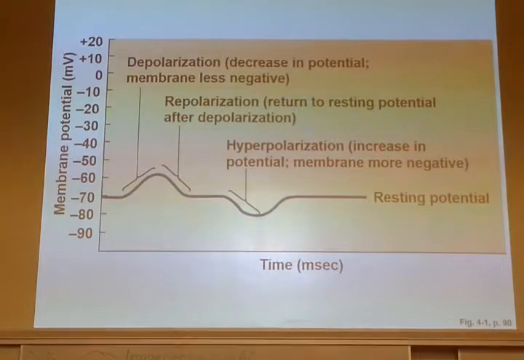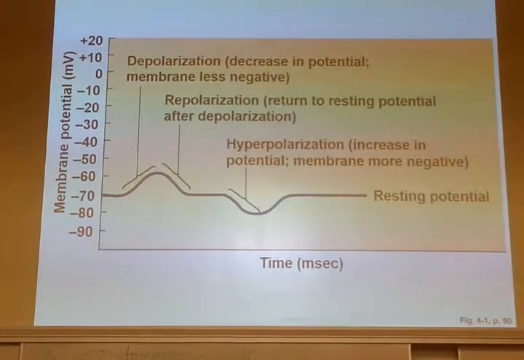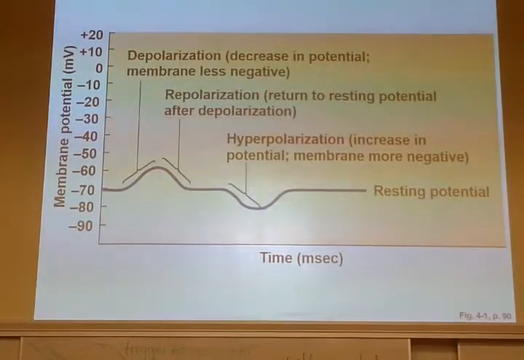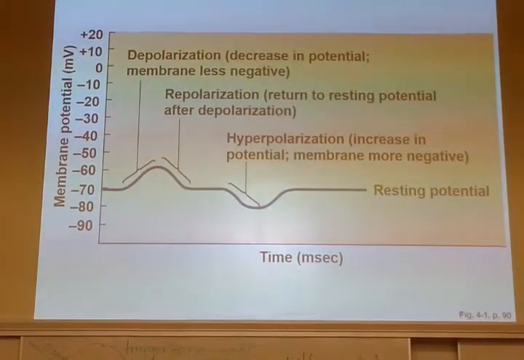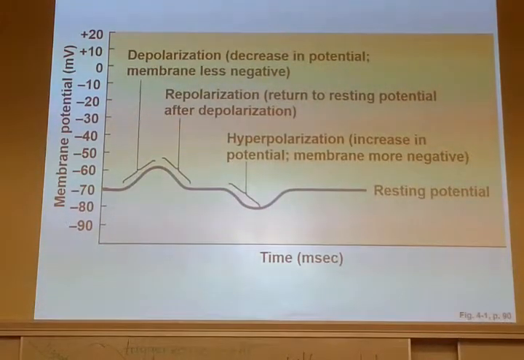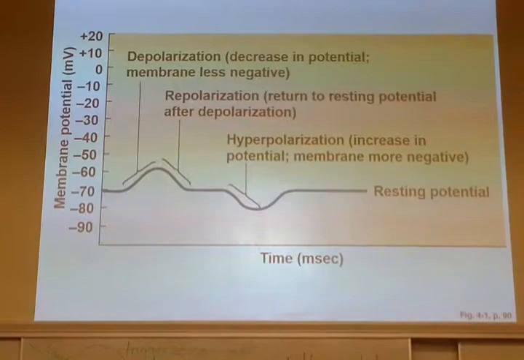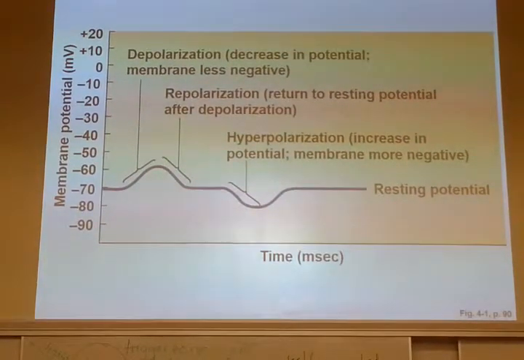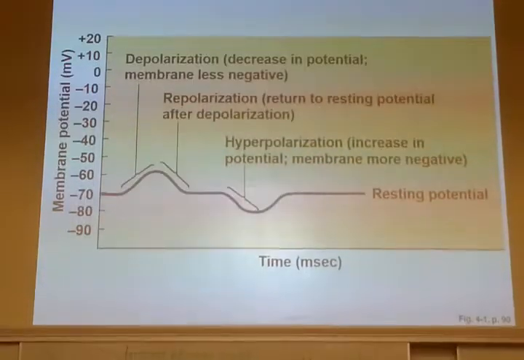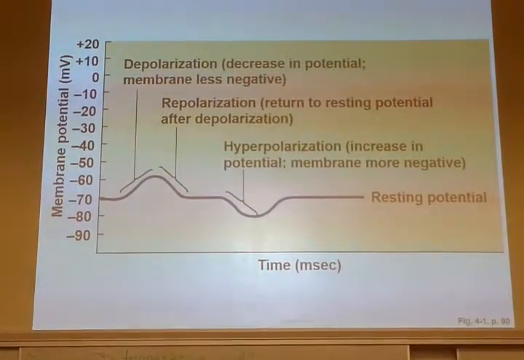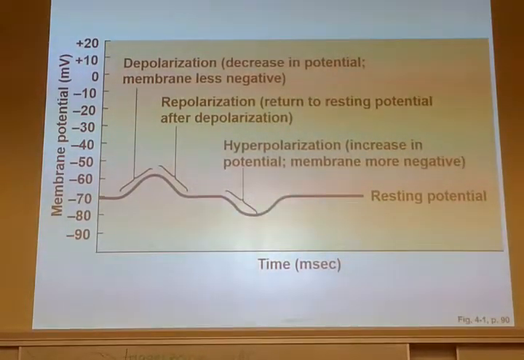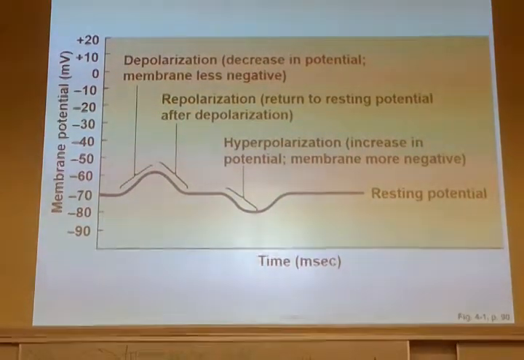Some textbooks say the relative refractory period occurs when you get back to resting membrane potential, after you hyperpolarize and then get back to resting membrane potential again. So in this relative period, you have to make up the charge difference due to potassium leaking out. To make up that charge difference just to get back to resting membrane potential takes more positive charge.